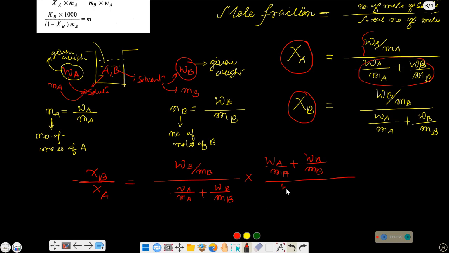Okay, so this will get cancelled, right? These both will get cancelled, so we will be left with WB by MB divided by WA by MA, right?